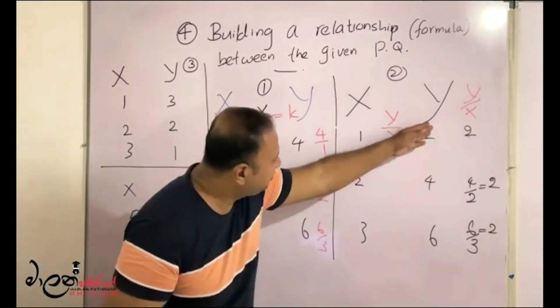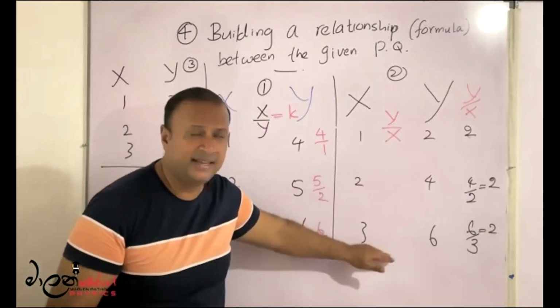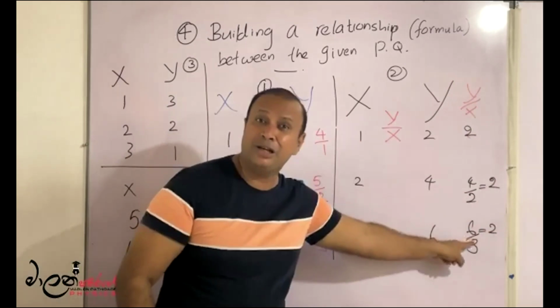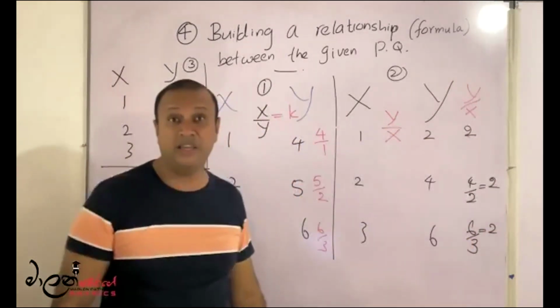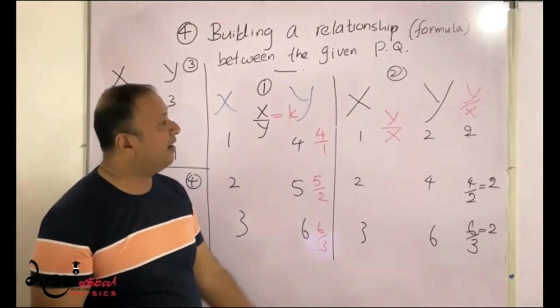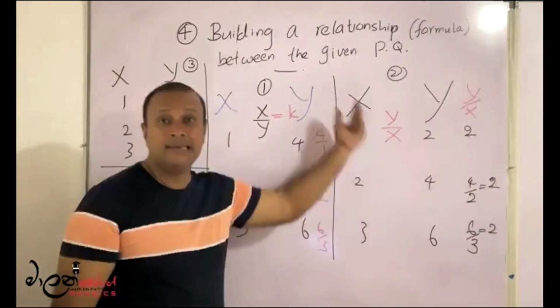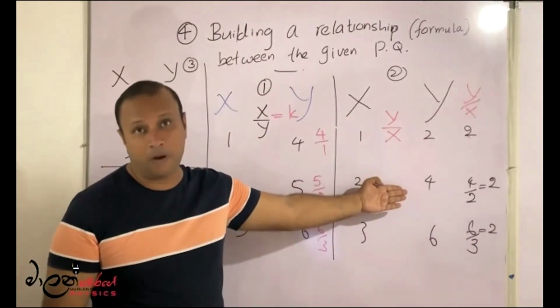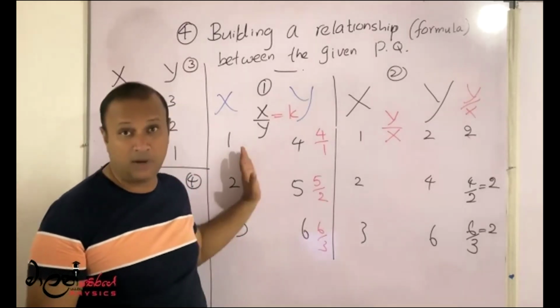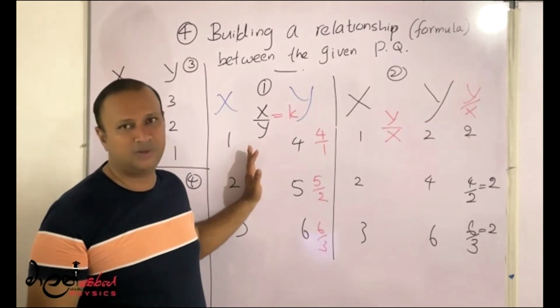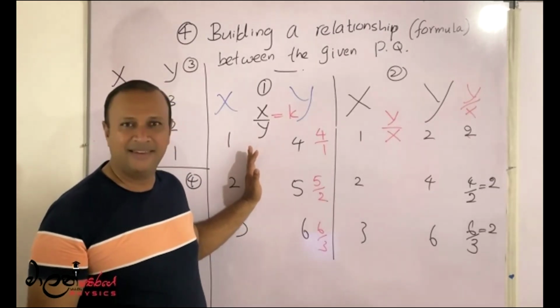In every case, the ratio is equal to 2. That means the ratio is a constant. Therefore, this one is a directly proportional case, but this one is not.